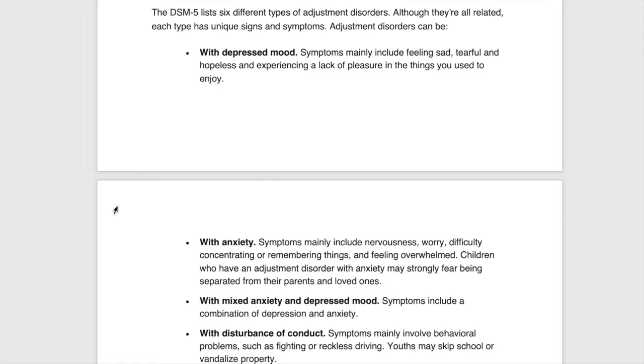the mood being affected. Adjustment disorder with anxiety looks similar to GAD because it includes these anxiety symptoms of nervousness, worry, difficulty concentrating. Children who have adjustment disorder with anxiety may strongly fear being separated from their parents and loved ones.